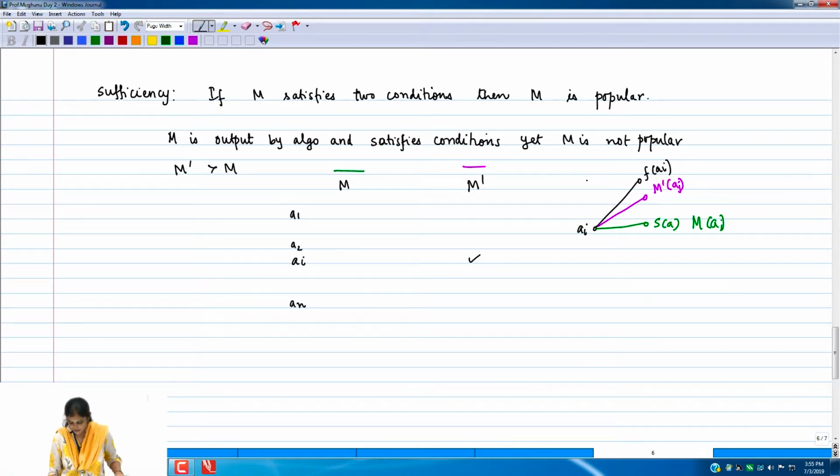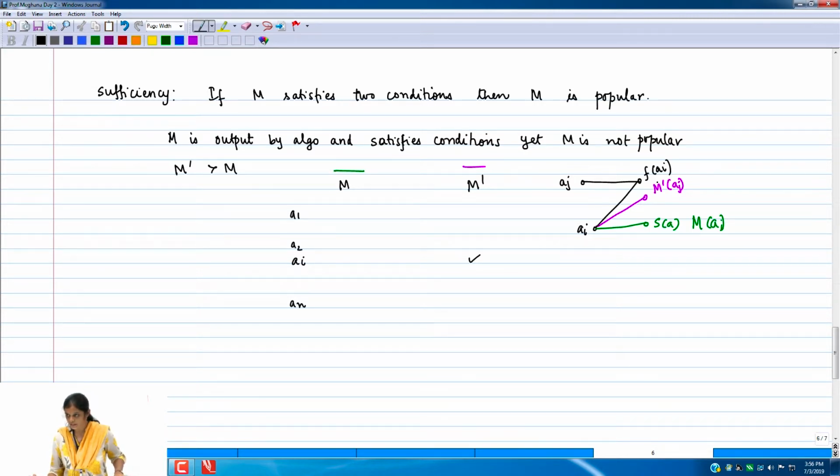F of AI, let's call that some AJ, and this is a green edge actually, right? Is that correct? M of, so sorry, M of AI, that is its M prime partner.